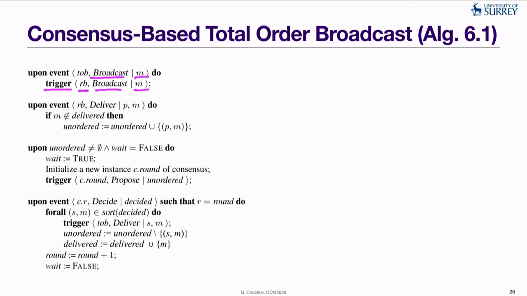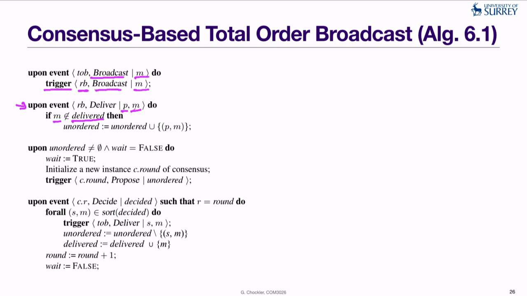The next handler here happens whenever reliable broadcast delivers to us a new message M from sender P. What we do here is check if M is already in the delivered set, and we need that in order to guarantee the no duplication property, so we don't deliver these messages more than once.